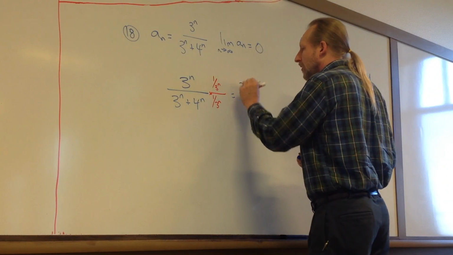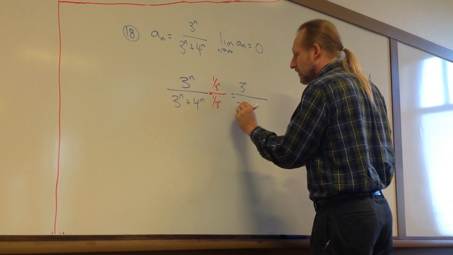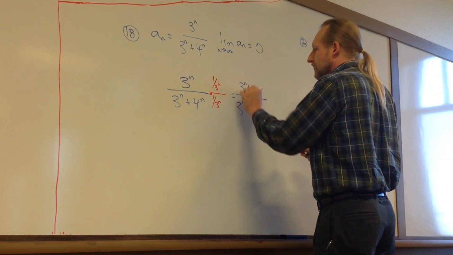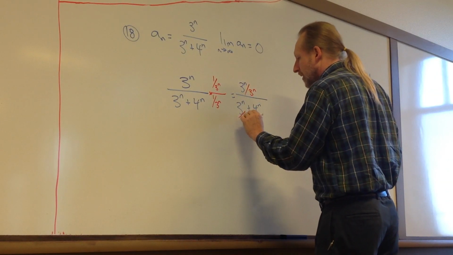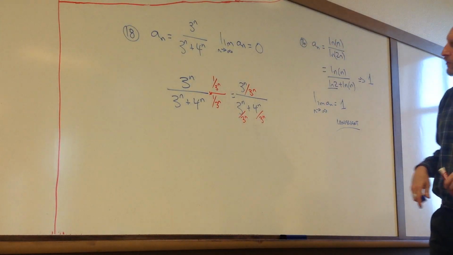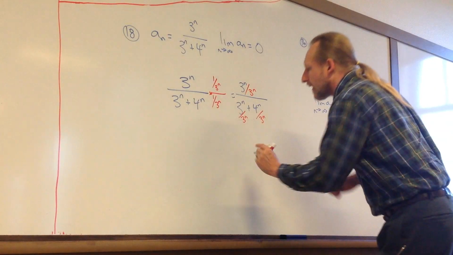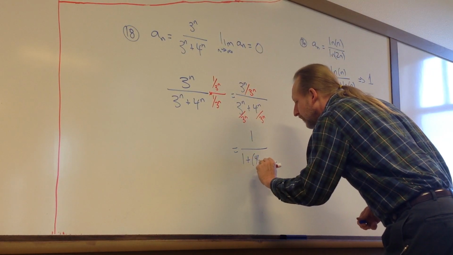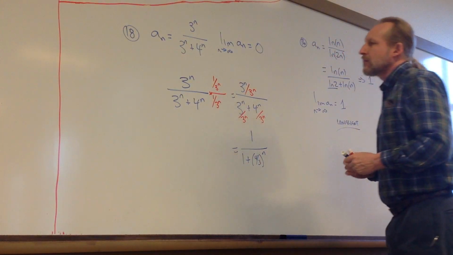So what's that going to give us? On the top, that gives us 3 to the n over 3 to the n, which is 1. Here it gets distributed, okay? So the denominator is 1 plus 4/3 to the n power. All right?